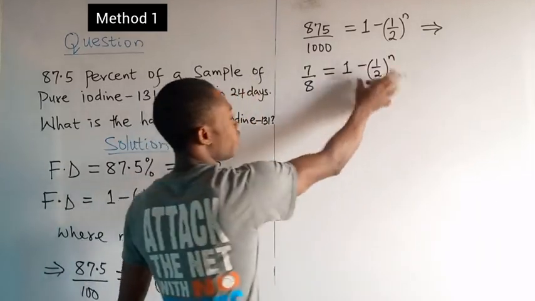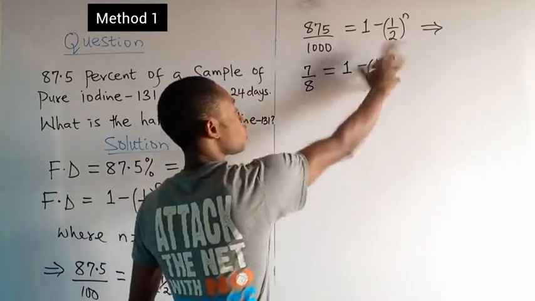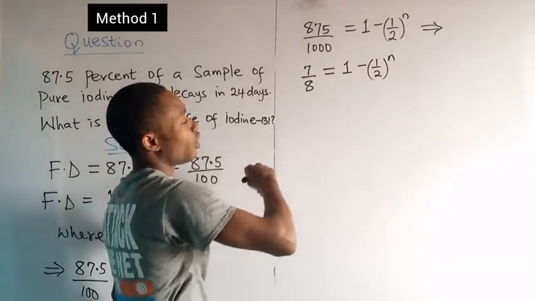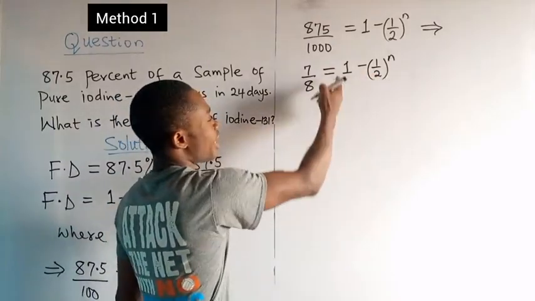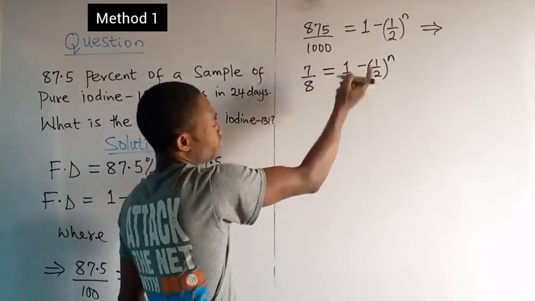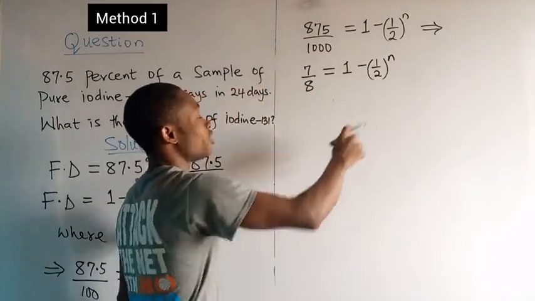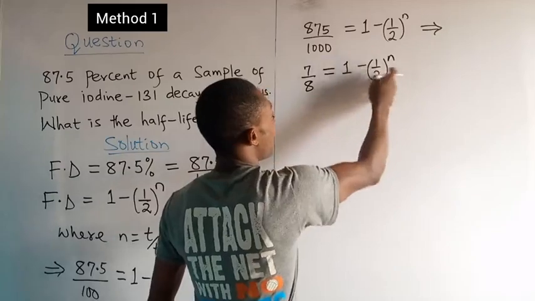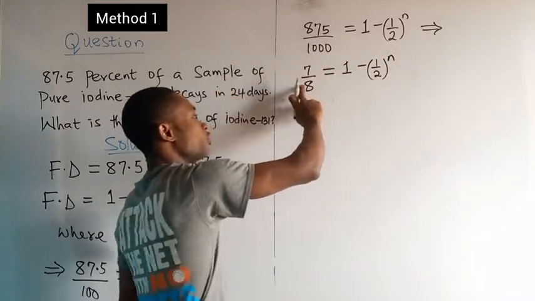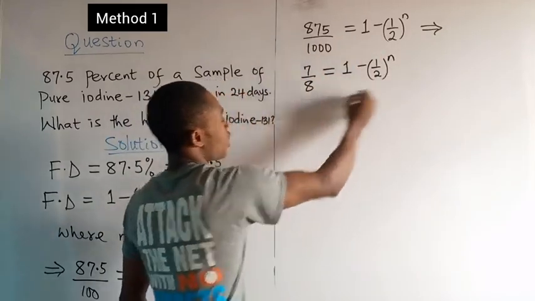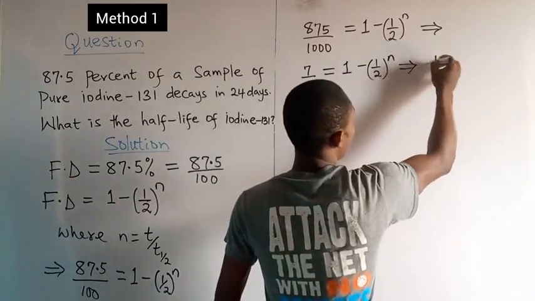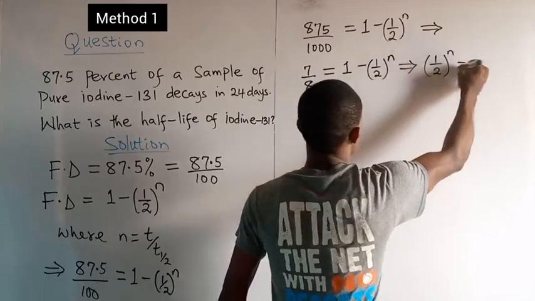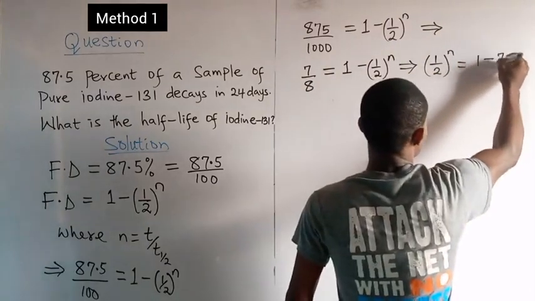Then we shall make this 1 over 2 to the power of n the subject of the formula, since what we are calculating is together with it. Doing that, you can move minus 1 over 2 raised to the power n to the left-hand side, while 7 over 8 we move to the right-hand side. So this will give us 1 over 2 to the power of n equal to 1 minus 7 over 8.